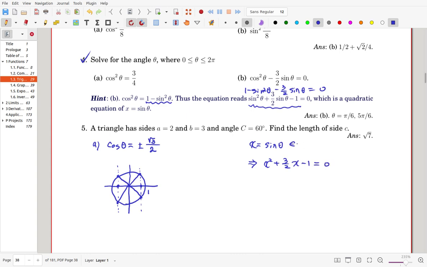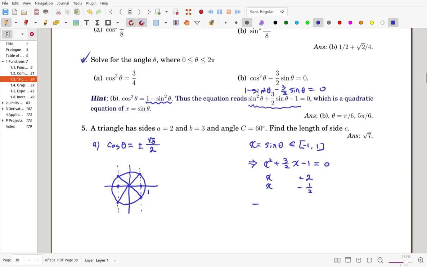Of course, this quantity is always between minus 1 and 1. Okay? Now, by using the quadratic formula, you can get the solution for x. The roots are 2 and 1 half, with minus and plus.